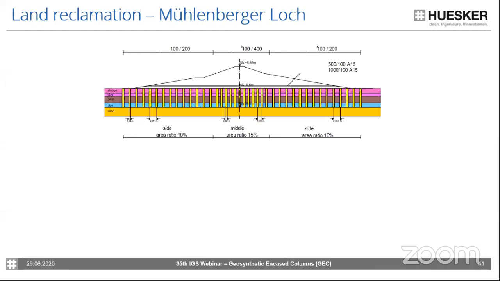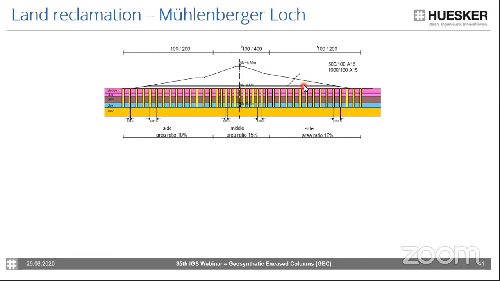This is the cross-section of the perimeter dike, because they also had to tackle the challenges of extrusion and lateral deformations. The cross-section was made really with a wide base, really to enhance the overall stability and the safety against bearing failure and lateral displacement, as well as extrusion.